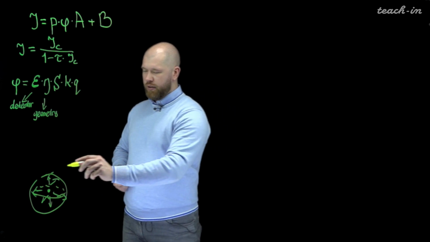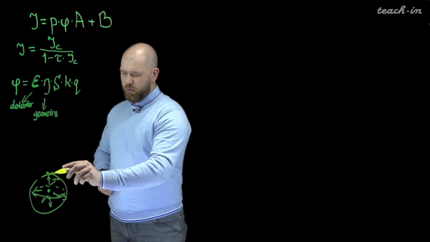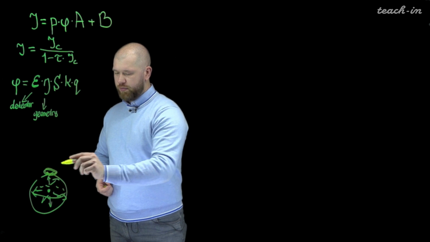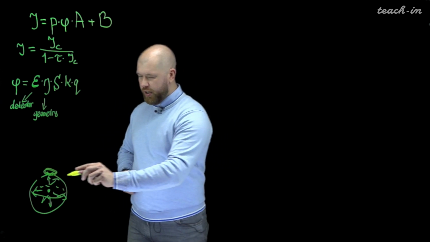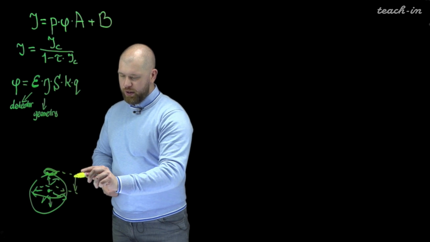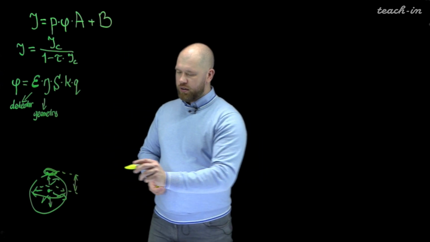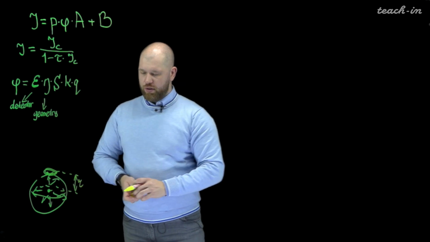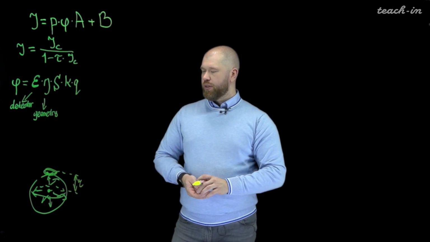And, for example, there is our detector. And the distance between the sample and the detector is just the radius of the sphere.